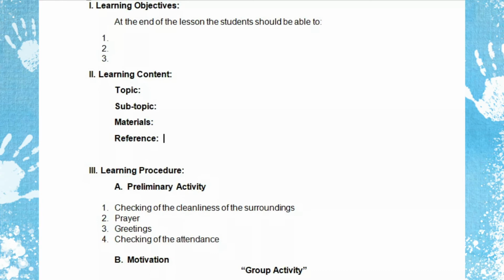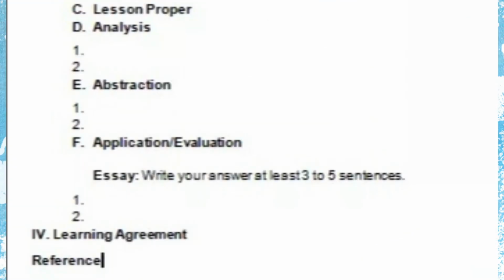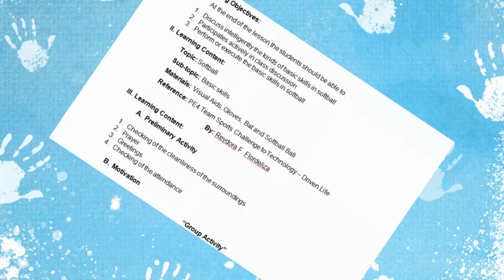Then letter B, we have here the motivation. The letter C, we have here lesson proper. Letter D, analysis. E, abstraction. F, application or evaluation. Then lastly, we have here a learning agreement. And that will be for my example of the format of my lesson plan.